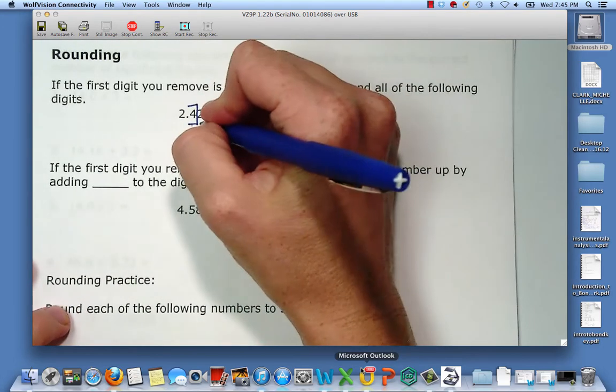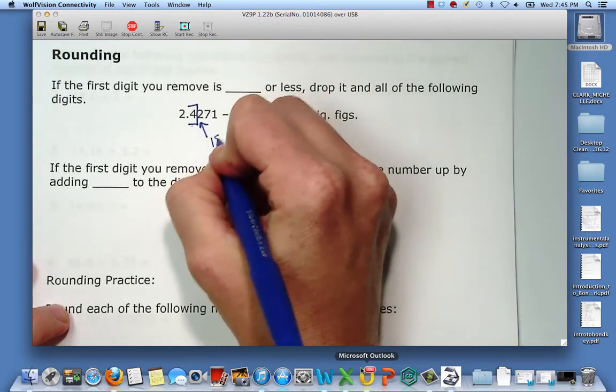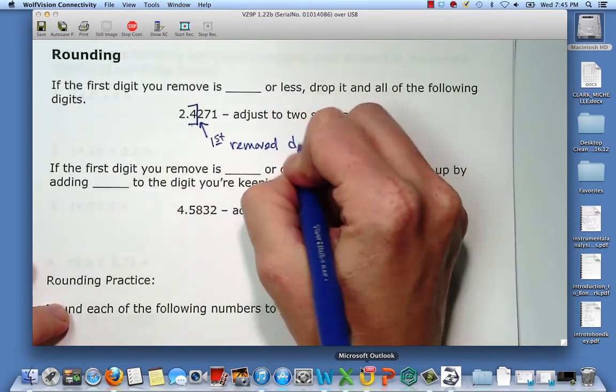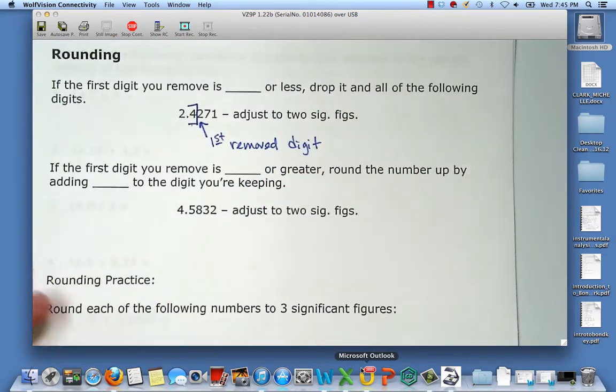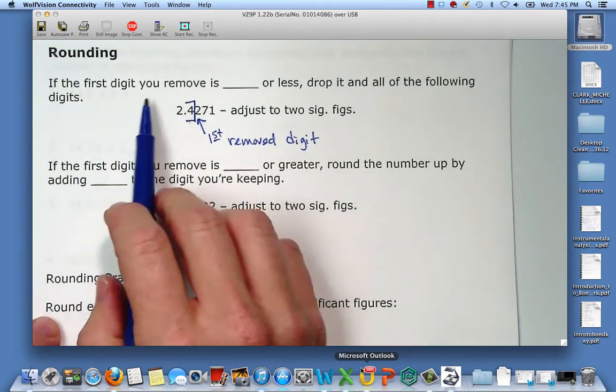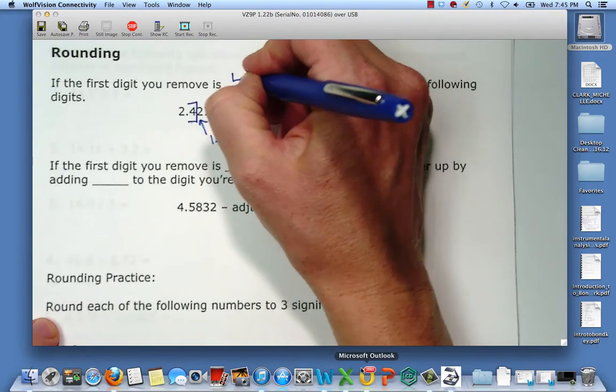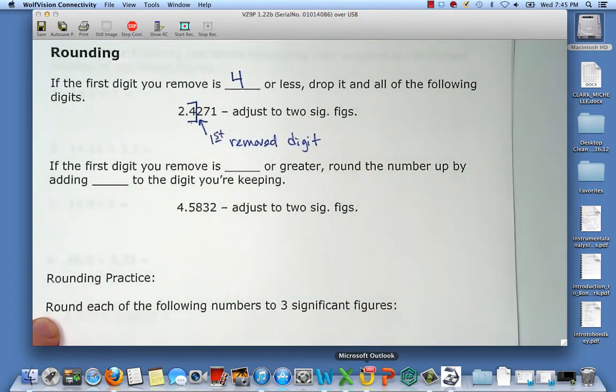So this is the first removed digit. Sounds like I'm removing a finger or something. Just the number. So if the first digit you remove is 4 or less, drop it and all of the following digits.